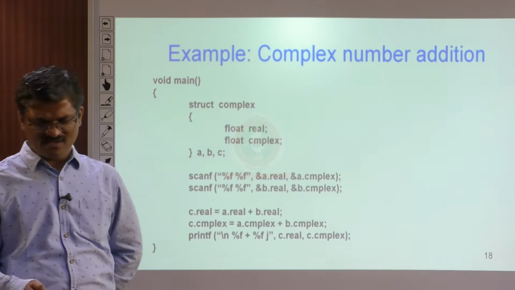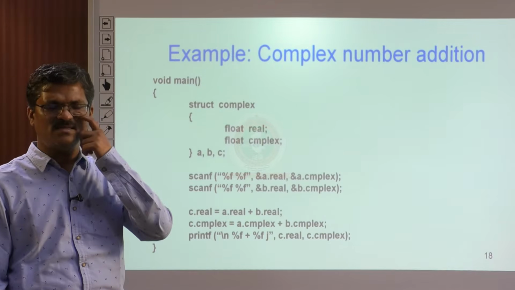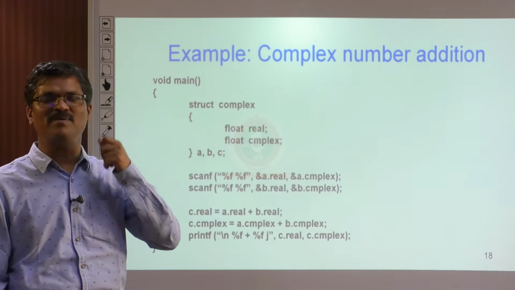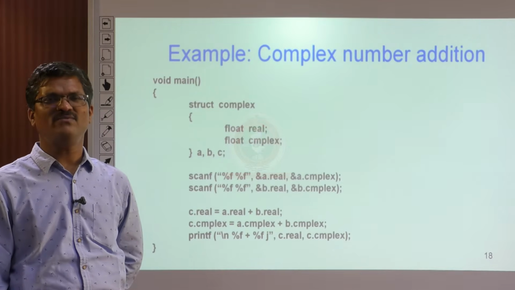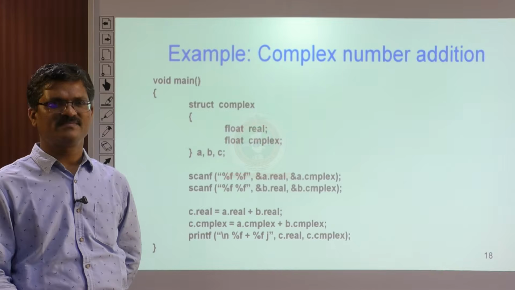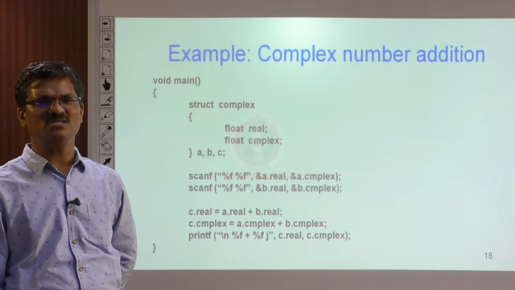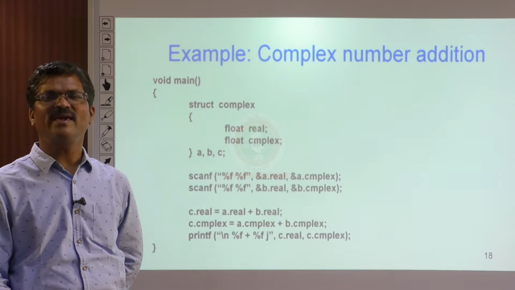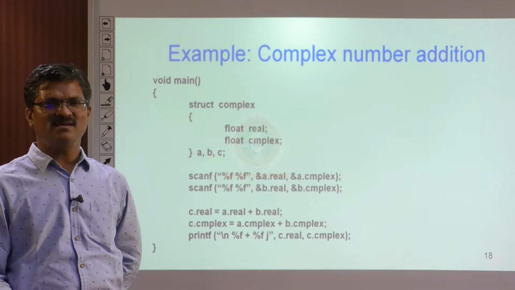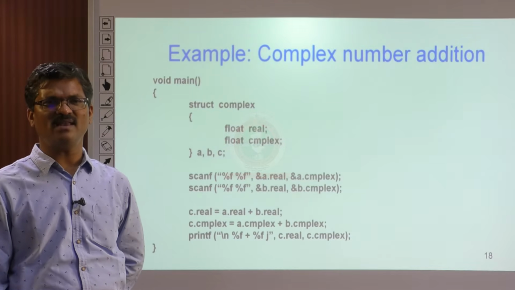Now, just to have one example of how to access structure members, here is one where we consider the addition of complex numbers. In main, we define a structure called complex with variables A, B, C, and the definition of a complex number includes two members, real and complex.